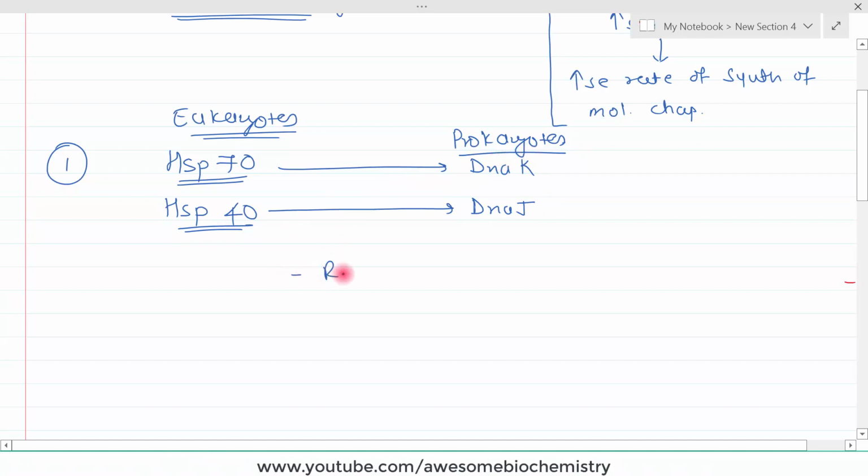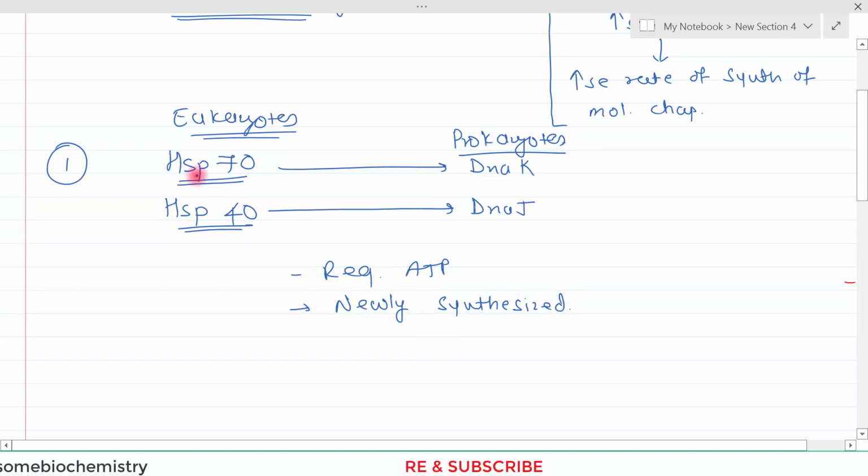They require ATP for their proper functioning, so they are energy dependent, and they mainly bring about proper folding of newly synthesized proteins. Whenever a protein is newly synthesized, HSP70 and HSP40 work on it and bring about proper folding. Sometimes this process also occurs co-translationally.